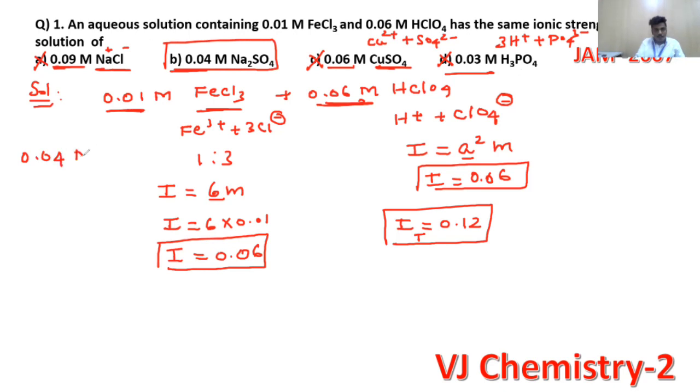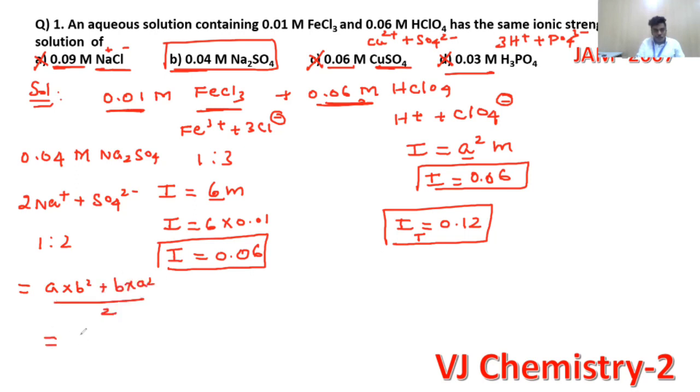0.04 m of sodium sulfate, Na2SO4. What is it? 2Na+ and SO4 2-. What is the charge ratio? 1:2. What is the formula? A into B square plus B into A square divided by 2. That is 1 into 2 square plus 2 into 1 square by 2, right?